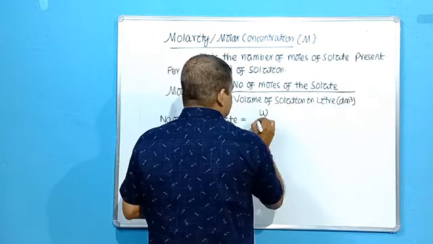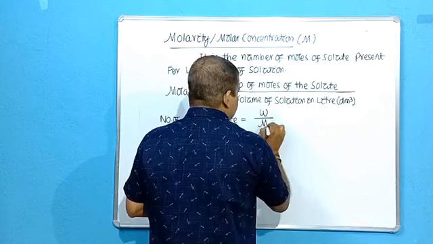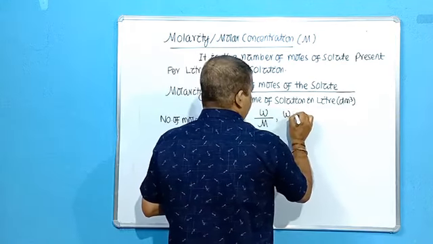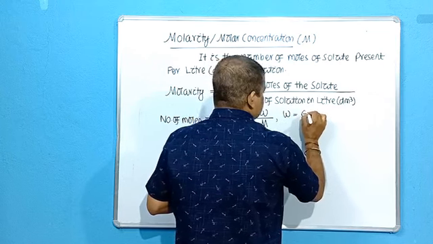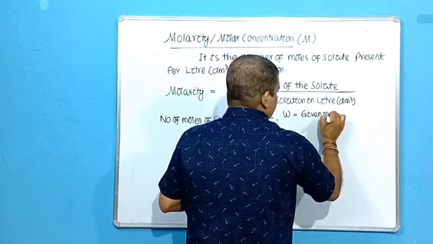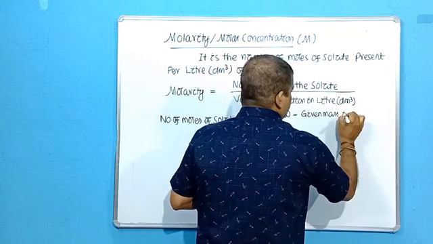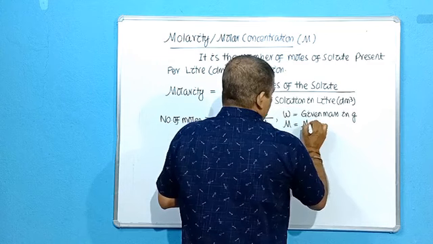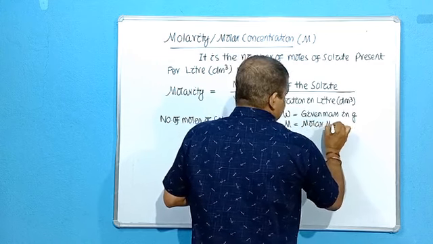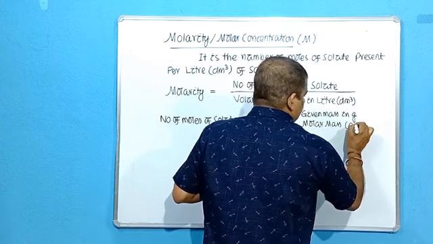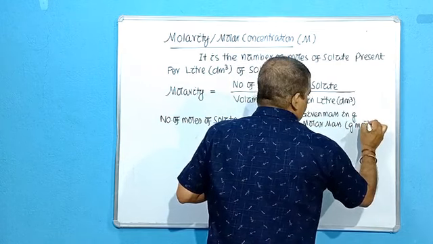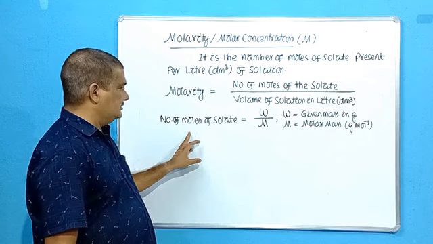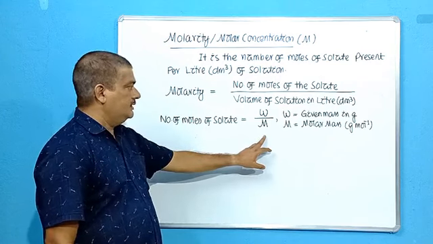So let us say the given mass is W and molar mass is capital M, where W is given mass of solute in gram and M is the molar mass. Molar mass is expressed in gram per mole. So we can calculate the number of moles of the solute by using this formula.